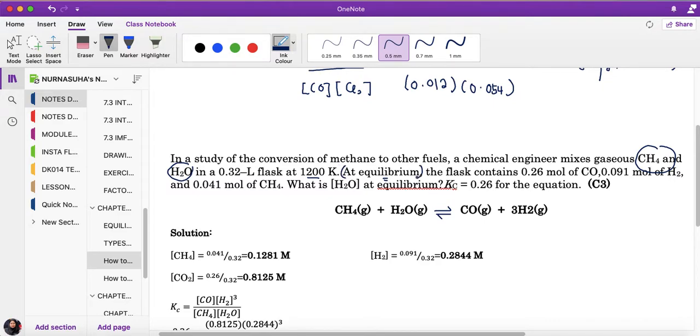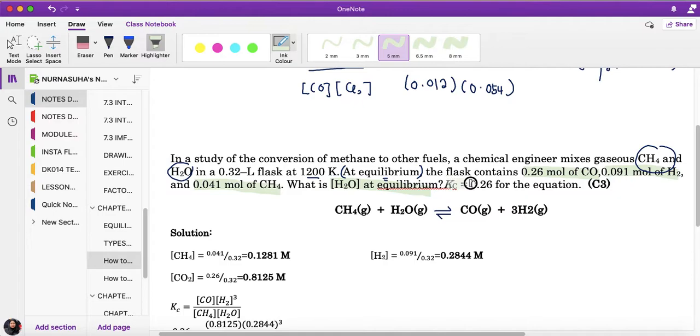Dia nak cakap yang sistem sudah equilibrium. Okay, at equilibrium, flask contain 0.26 mole of CO, 0.091 mole of H2, and 0.041 mole of CH4. So what is concentration of H2O at equilibrium?